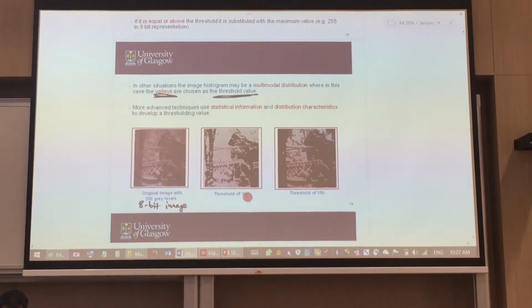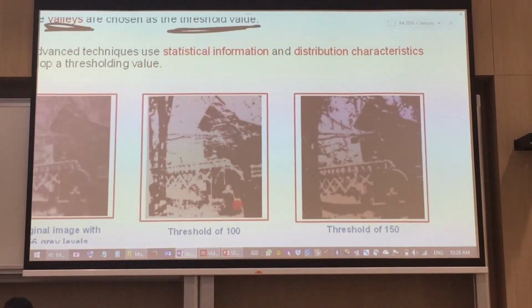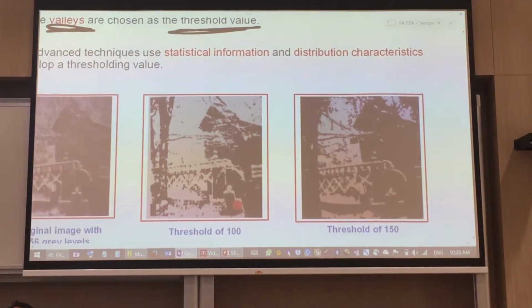If I set the threshold to 100, compare it to 150, which one do you think gives you a better image, the 100 or 150? Not sure from the print, you see well. These two images, 100 or 150.